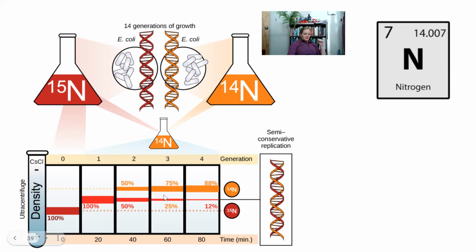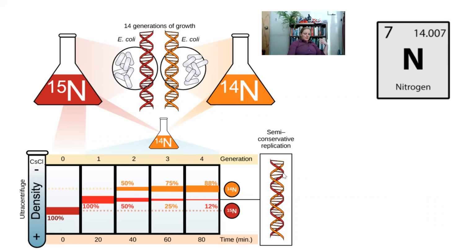Then we took that another generation, and as we go through all these generations, the proportion of heavy nitrogen is falling away at a predictable rate, if we're just doing half of what was in the previous generation. That is the evidence for this semi-conservative replication.